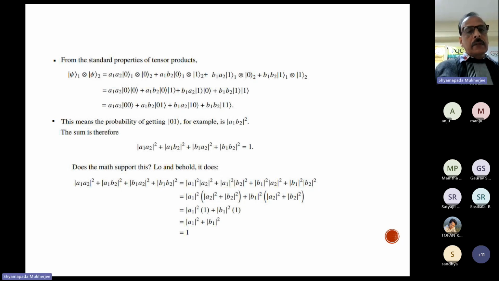And the sum is therefore |A1 A2|^2 plus |A1 B2|^2 plus |B1 A2|^2 plus |B1 B2|^2 is equal to 1. Does the math support this? Yes, the math supports this, because the mod squares of all of these add up to 1. So it ties in with the probability concept.